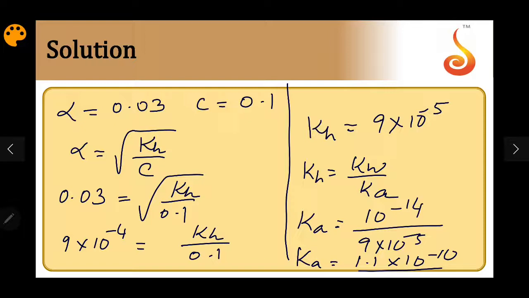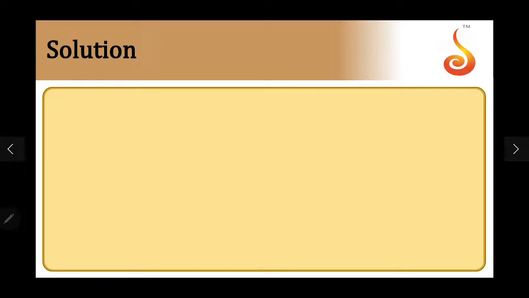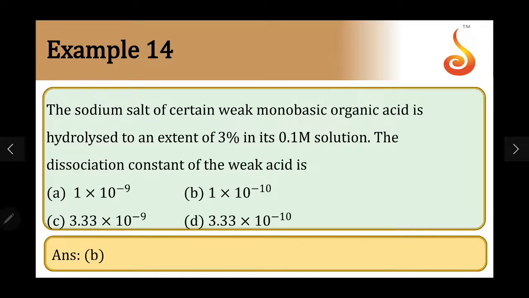So 1 by 9 is 1.1 and 10 power minus 10 will be the power. If we go to the options, 1.1 is not there. Option B is the nearest, 1.1 into 10 power minus 10. So power is more important than the number. So answer is going to be B.